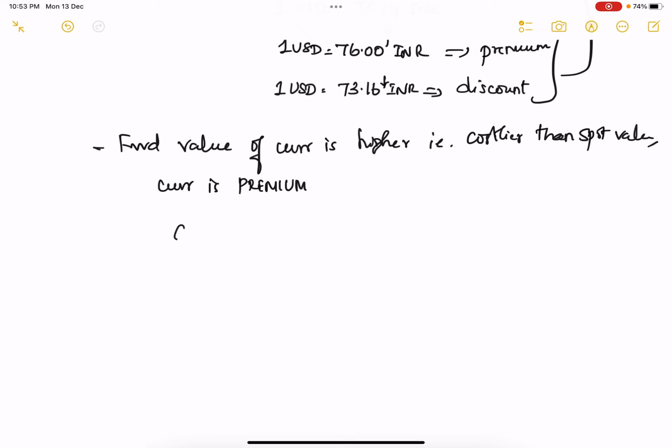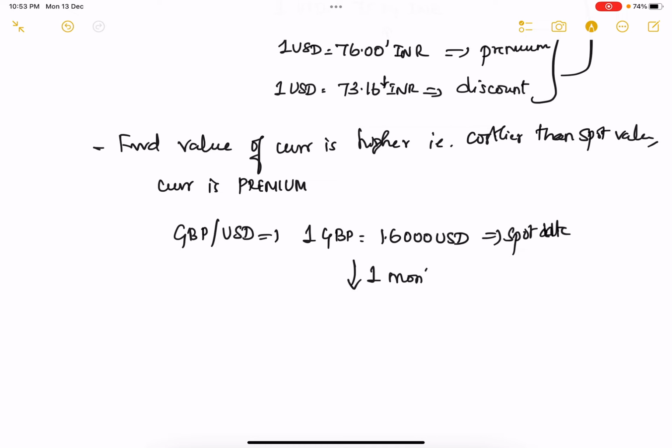For example, GBP against USD is 1.6 on spot date, and 1 month forward the rate is 1.6050 USD.